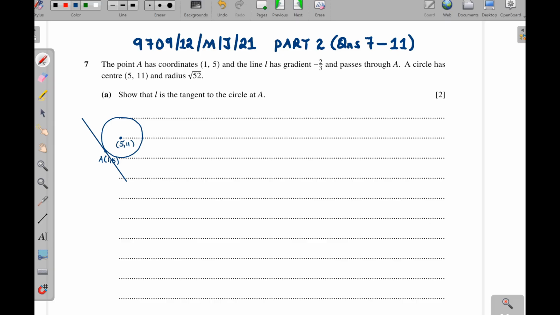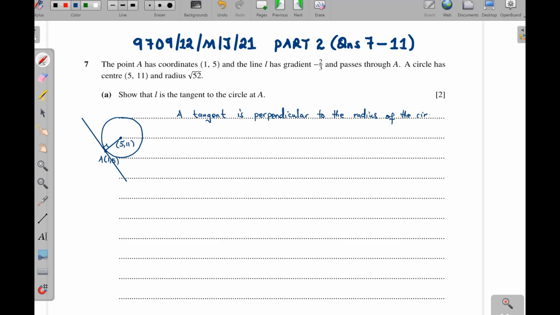Now we should know from circle theorems that a tangent is perpendicular to the radius of the circle. So if I have the radius here, this is 90 degrees. A tangent is perpendicular to the radius of the circle.